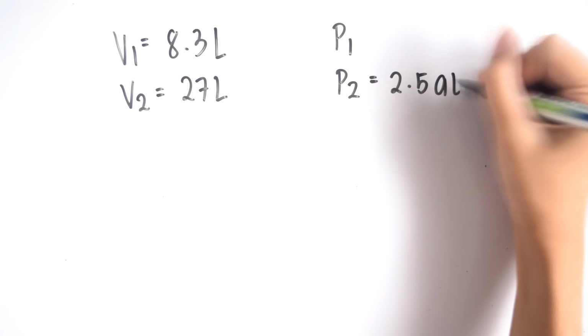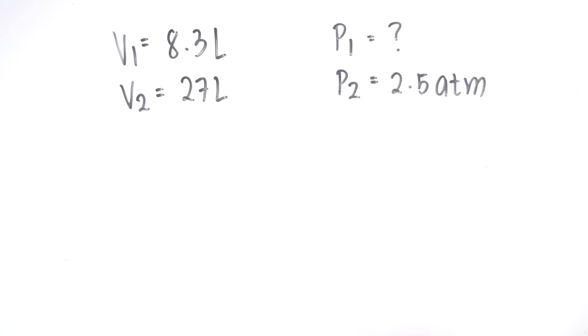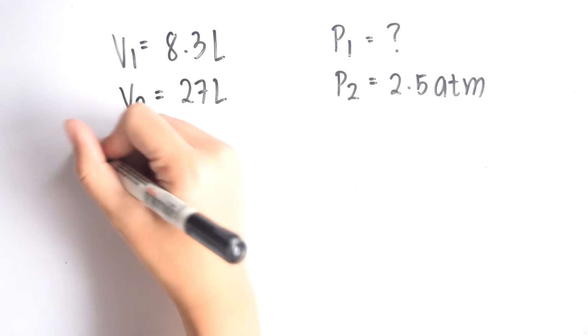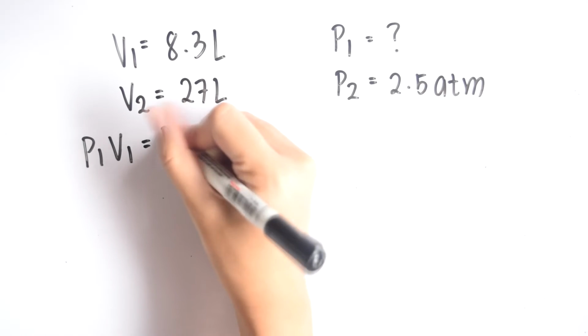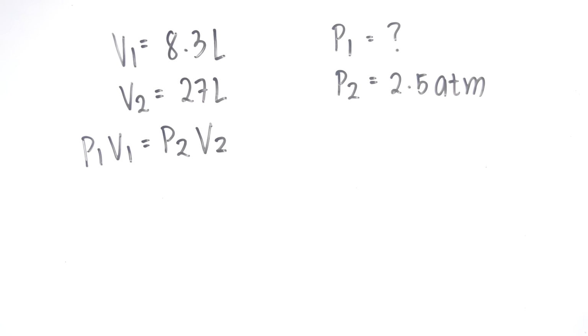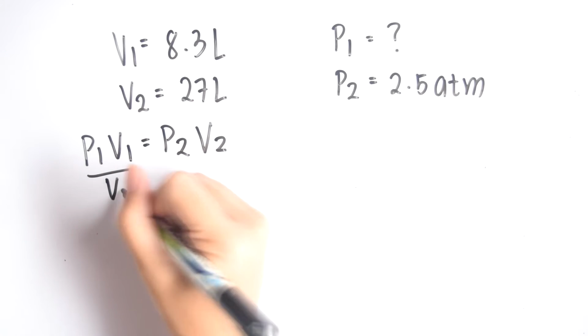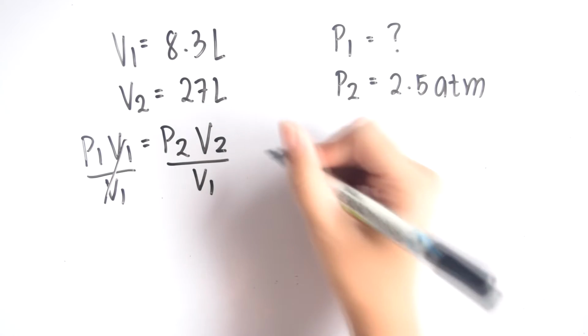Our initial volume is 8.3 liters, our final volume is 27 liters, and our final pressure is 2.5 atmosphere. Our initial pressure is not given, so let's go back to the formula for Boyle's law, which is P1V1 is equal to P2V2, where P1V1 is our initial pressure and volume, and P2V2 is our final pressure and volume.